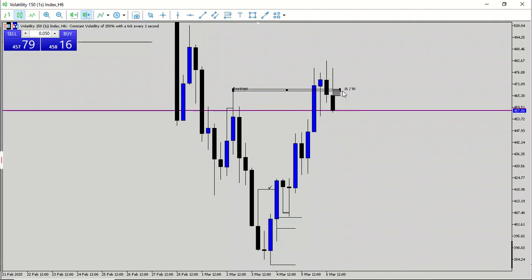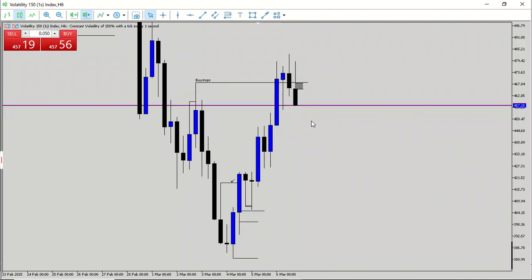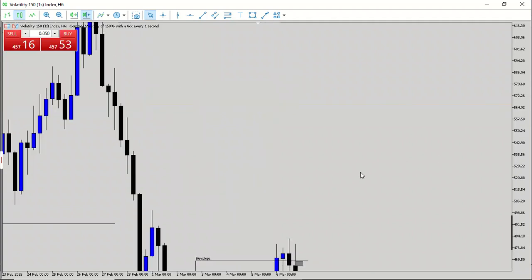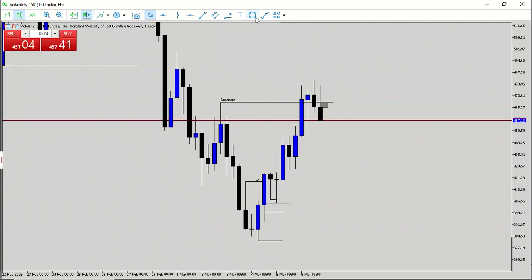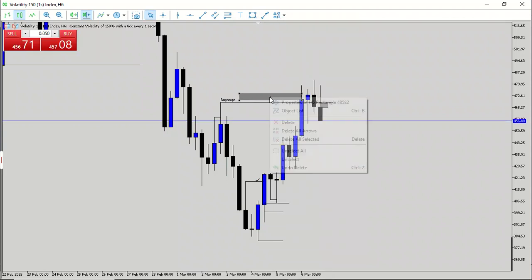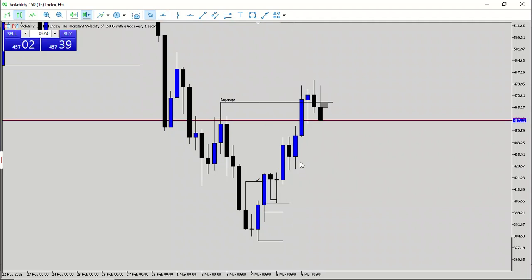We finally took that liquidity, that buy stop resting on this high, and we started ranging on that high, playing around that high. So right here, you can tell that this has been purging that high, taking that liquidity, and that is not a structural break right there.